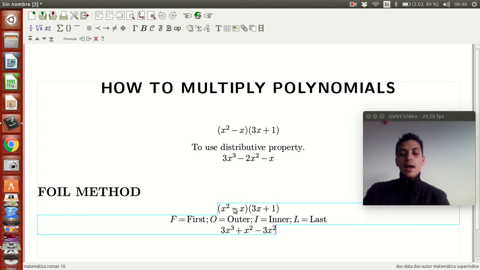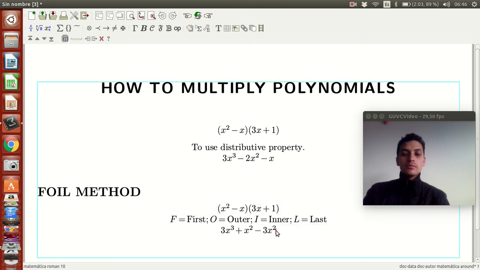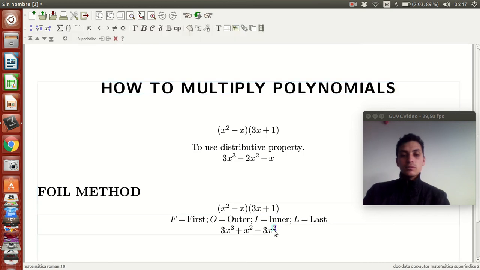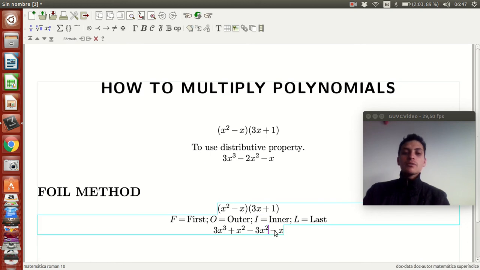And L stands for last, so negative x times 1, so negative x. Negative x. And now we just have to simplify the polynomial. So we have positive x squared minus 3x squared. This is just negative 2x squared.